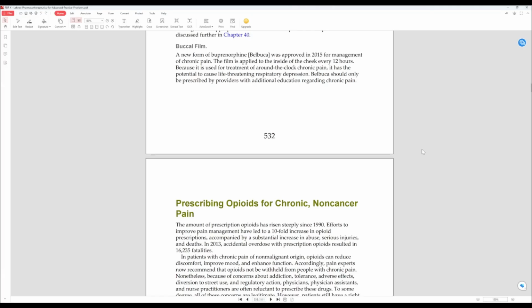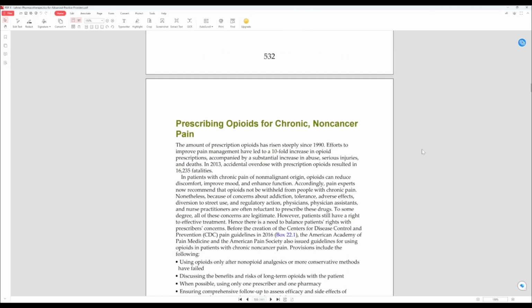The film is applied to the inside of the cheek every 12 hours. Because it is used for the treatment of around-the-clock chronic pain, it has the potential to cause life-threatening respiratory depression. Belbuca should only be prescribed by, again, a provider who has additional education in chronic pain.